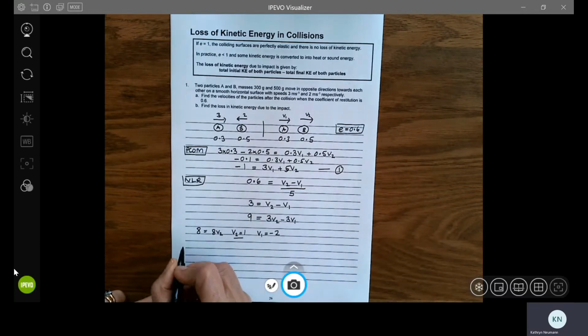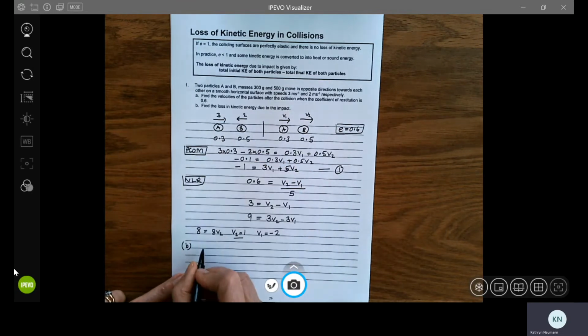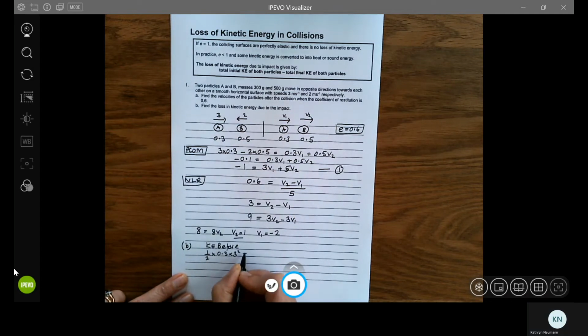Part B says find the loss of kinetic energy. What we're going to do is work out the kinetic energy beforehand. So K before, which is a half multiplied by M, which is 0.3, multiplied by 3 squared, plus a half multiplied by 0.5 multiplied by 2 squared. That's the kinetic energy before.